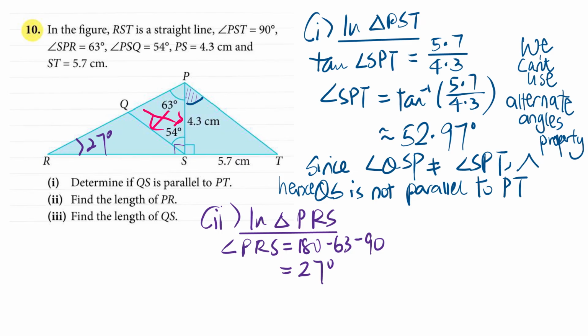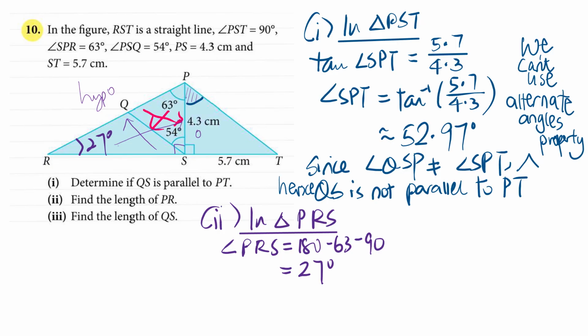Let's see which one we can use, sine, tangent, or cosine. Opposite 27 is your PS, which is 4.3. PR is opposite the 90 degrees, so that is your hypotenuse. So OH, we can use sine.